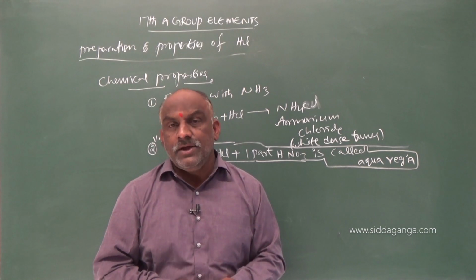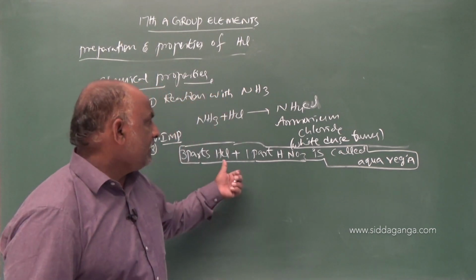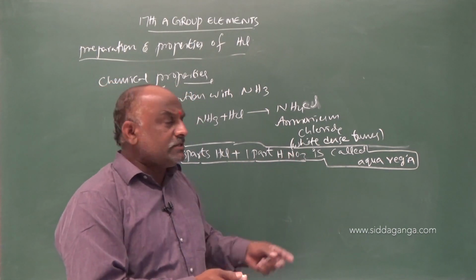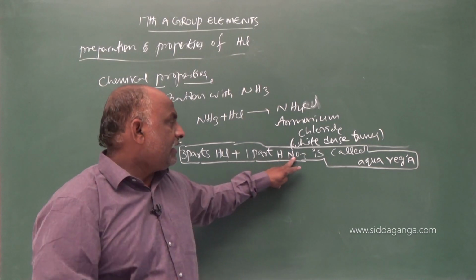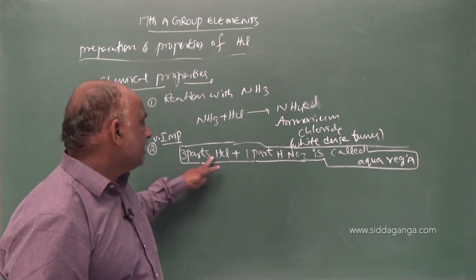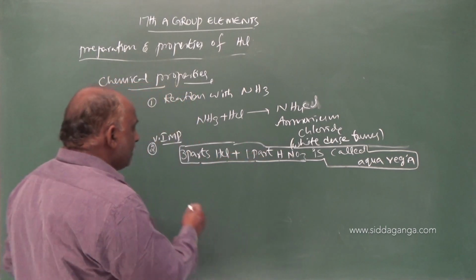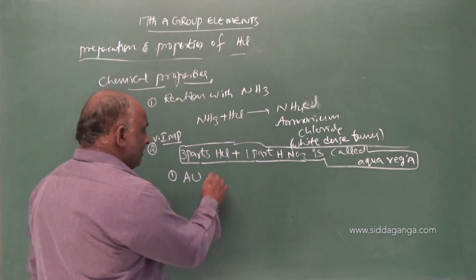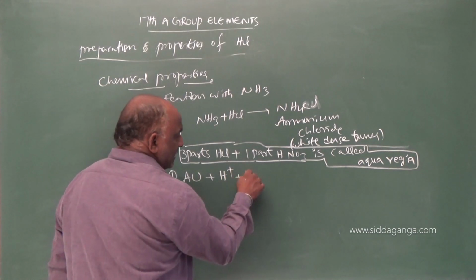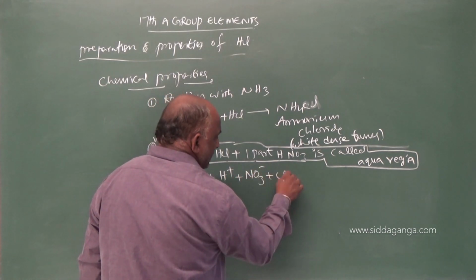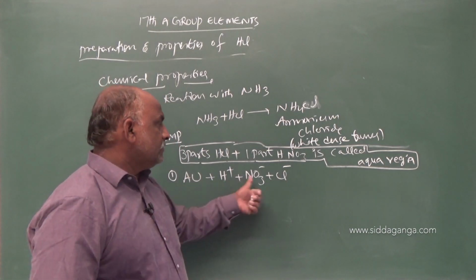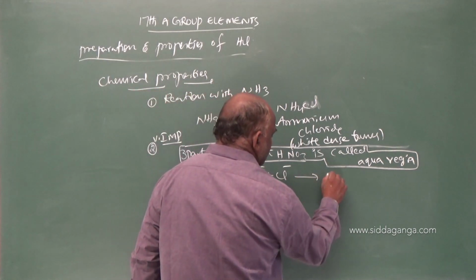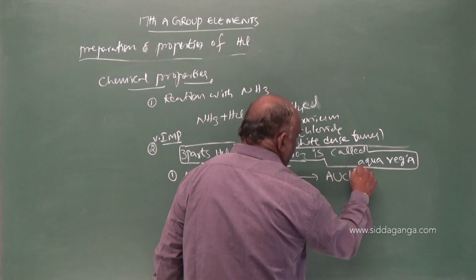Gold, we know the formula Au, hydrochloric acid HCl, nitric acid HNO3. When dissolved, they split. HNO3 can be written as H plus NO3 minus. HCl can be written as H plus Cl minus. Equation 1: gold, Au, plus H plus NO3 minus plus Cl minus gives rise to AuCl4 minus.